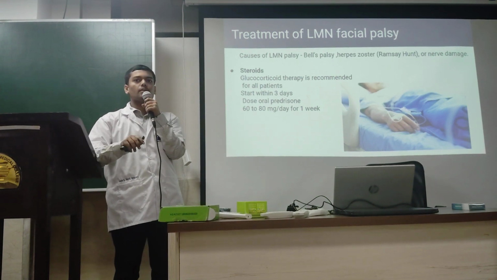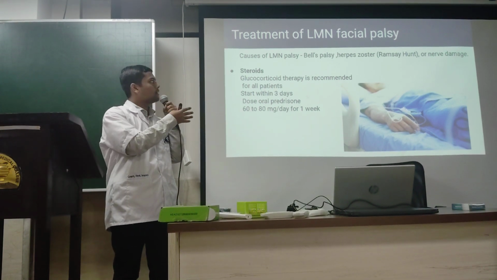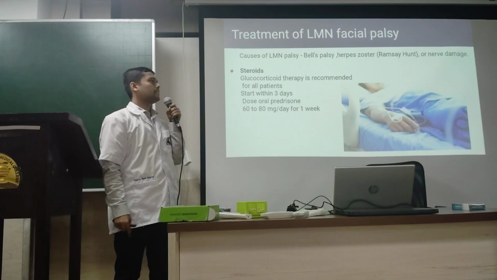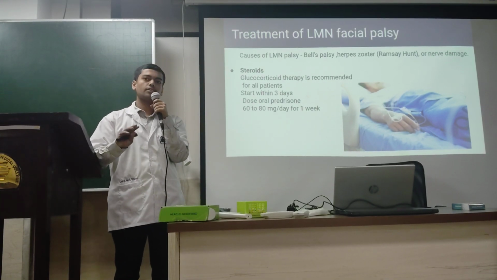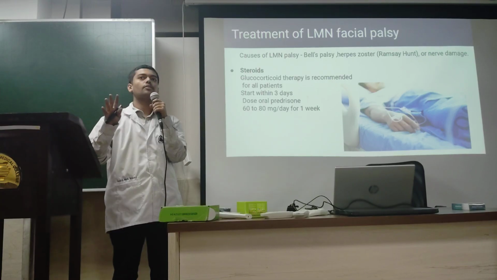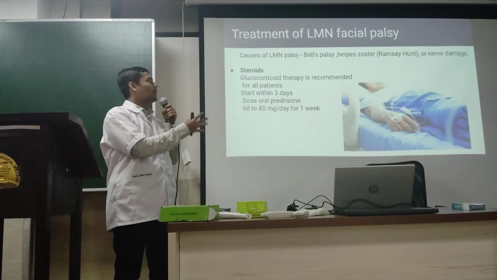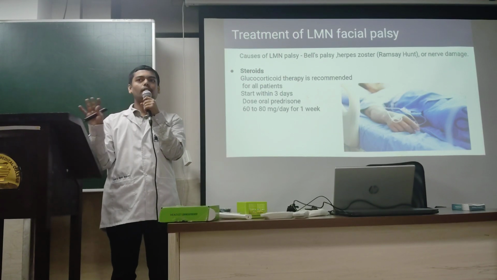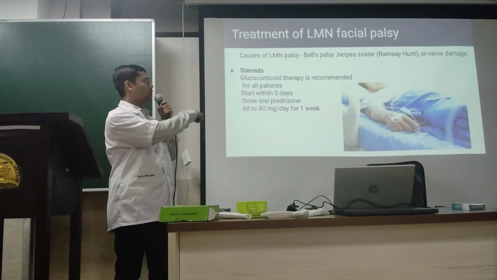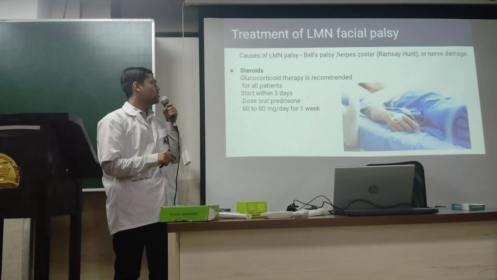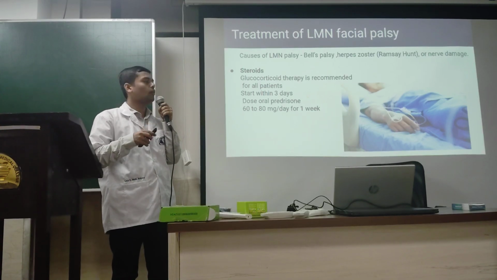We know the causes like Bell's palsy, herpes zoster, or nerve damage. When there is a treatment, the general treatment starts with steroids. Short-term corticosteroid therapy is recommended for all patients. It starts within 3 days, and its oral dose is like prednisone, 60 to 80 milligram per day for 1 week.